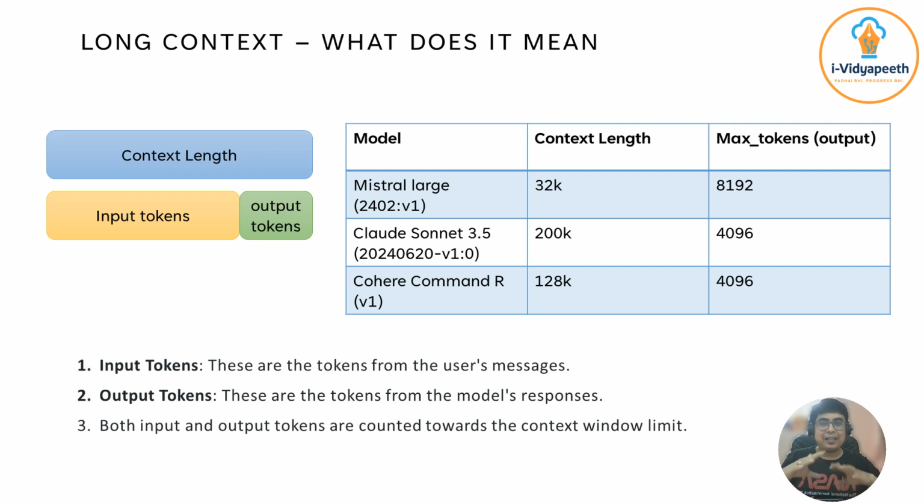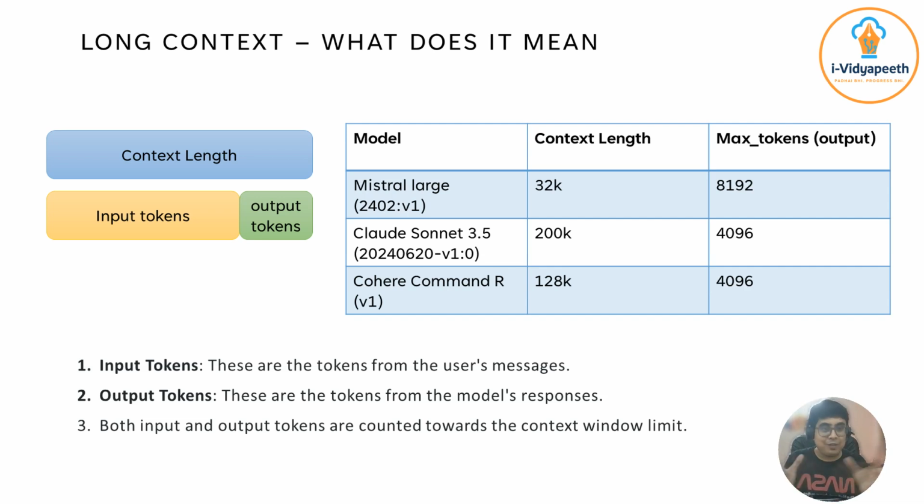If I am talking about Claude Sonnet 3.5, version 2024-0620 V1:0, for this particular model the context length is 200K. That means the summation of input tokens plus output tokens is 200K, but the maximum output it supports is 4096 tokens. So if you have given a large set of documents and asked it to summarize, it can summarize and give you output of at most 4096 tokens.